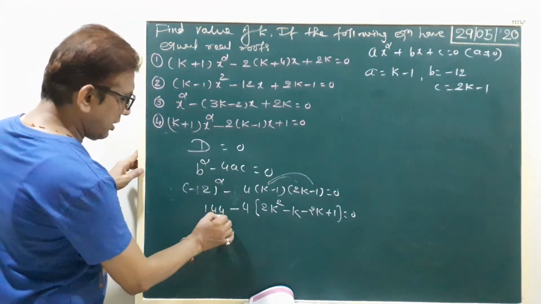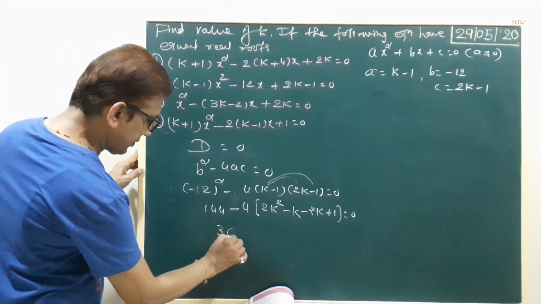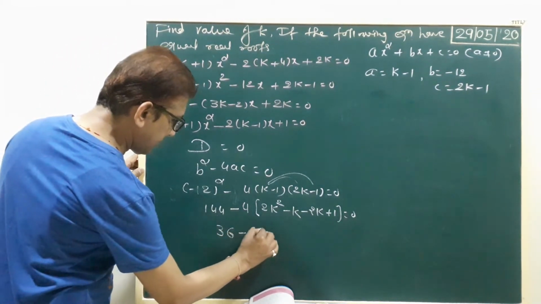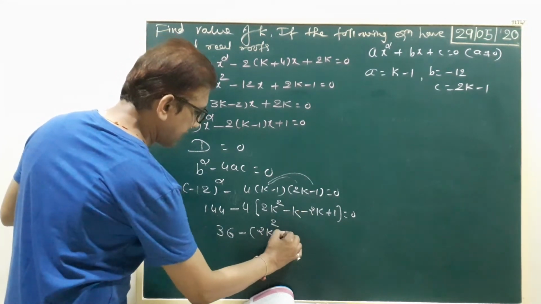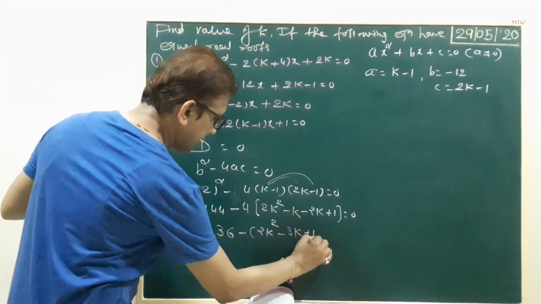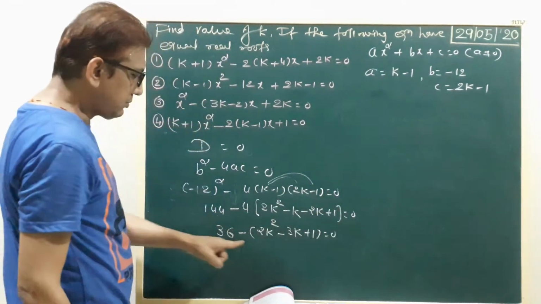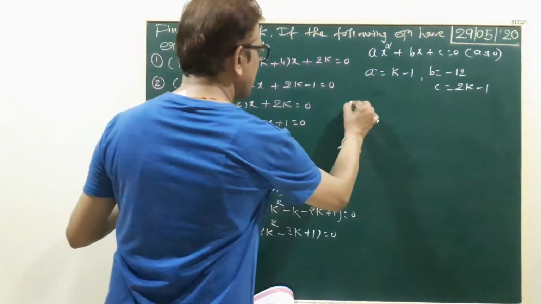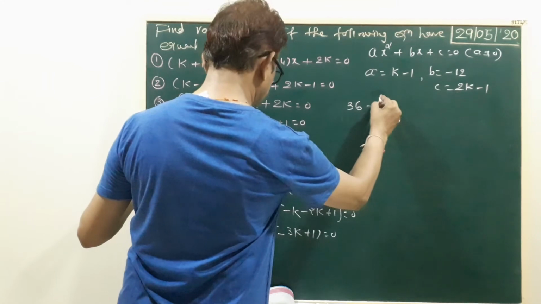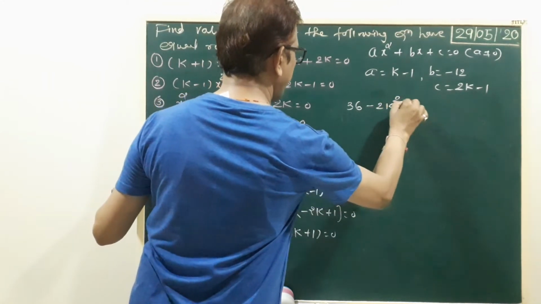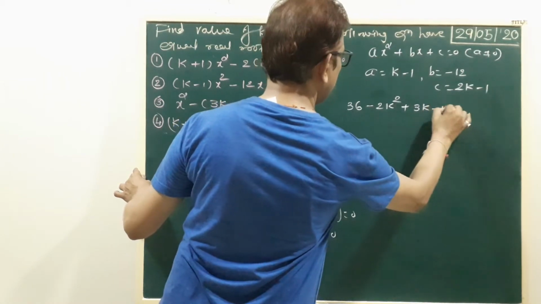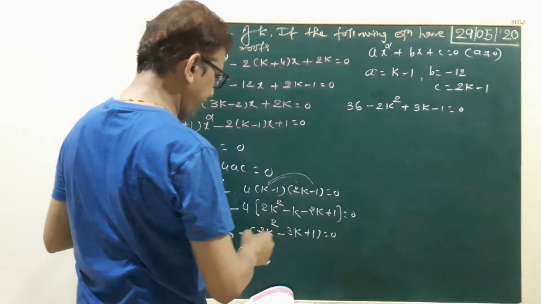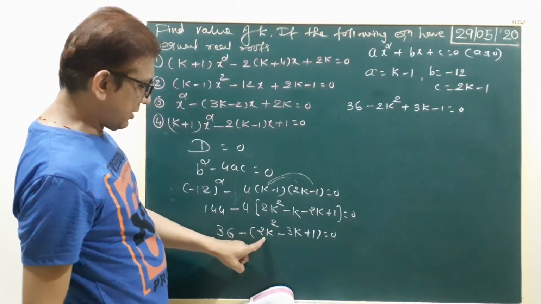144 divided by 4 is 36, minus in bracket 2k square minus 2k minus k minus 3k plus 1 equal to 0. Now open the bracket. So we write 36 minus 2k square plus 3k minus 1 equal to 0. 2k square is negative, right?